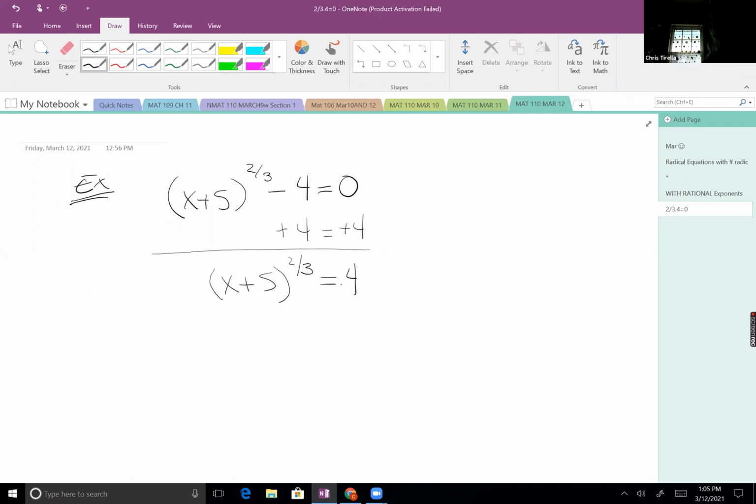Now I want to go through and raise both sides to the reciprocal power. So I'm going to take that (x + 5)^(2/3) and raise it to the 3/2. And I want to take 4 and raise it to the 3/2.